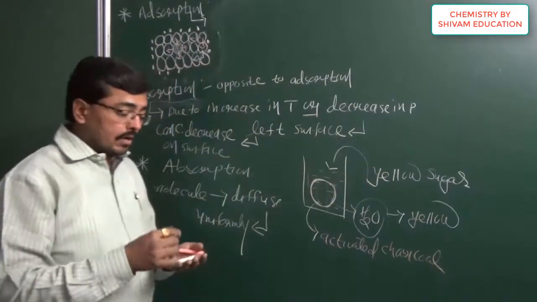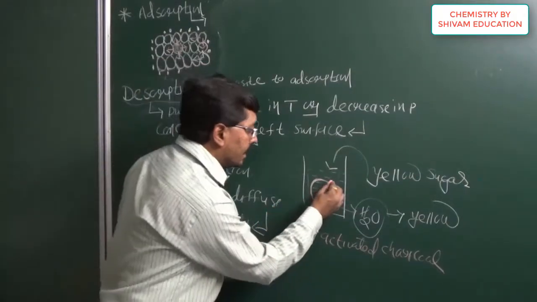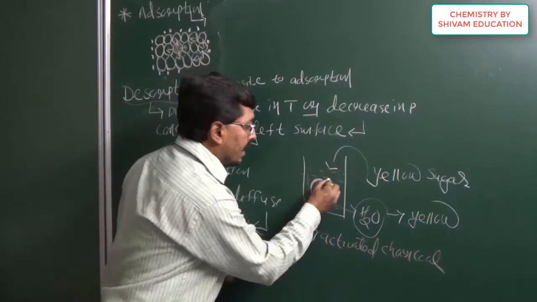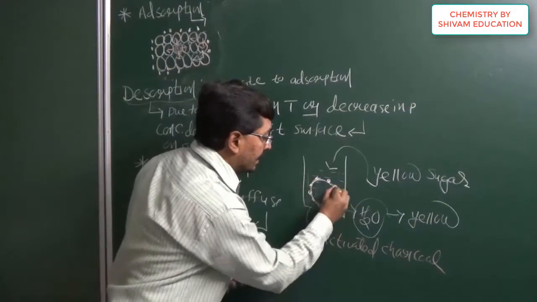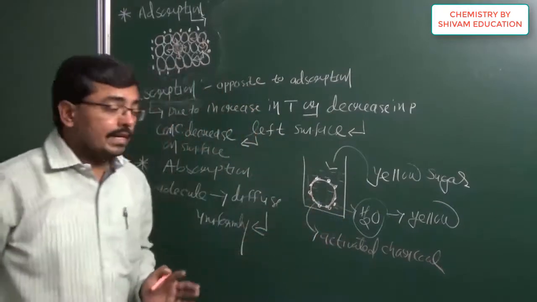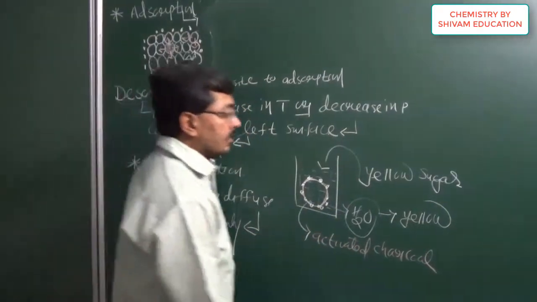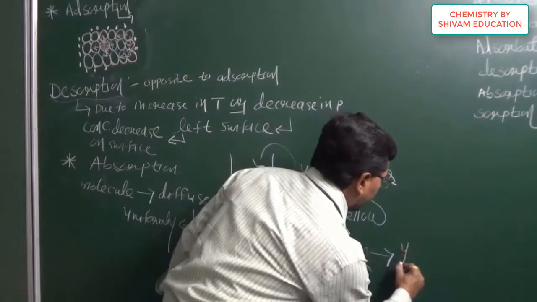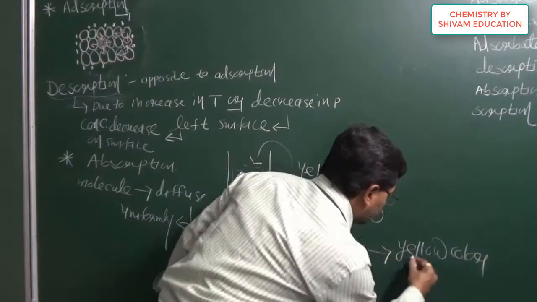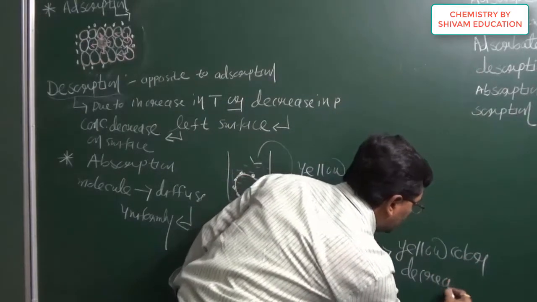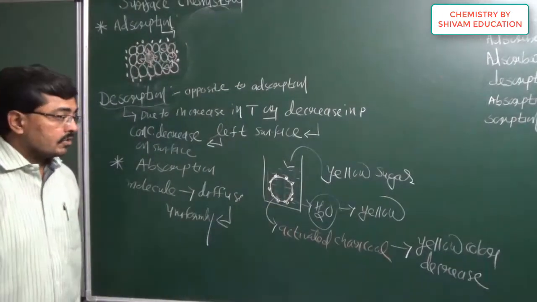Yellow color particles of the sugar solution or dye will start to adsorb on the surface, and once again जो color की intensity वो decrease होगी. When I add activated charcoal, the yellow color intensity decreases. This decrease in yellow color intensity is due to adsorption. Such a phenomenon is considered as adsorption.